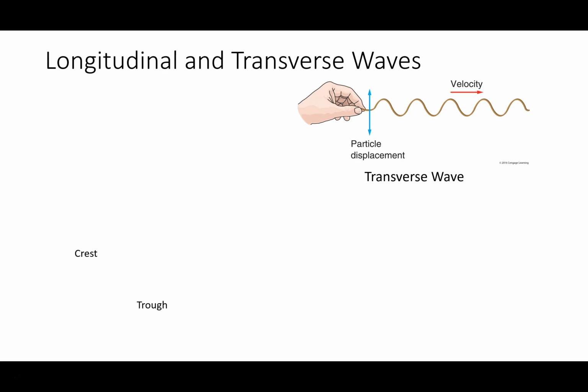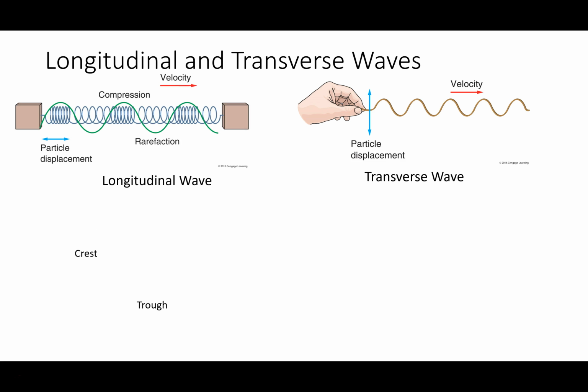So this is cute, must be a tiny little string. We have this string that this person is moving up and down, creating kind of the ripple in the pond or the ripple on the trampoline. That's transverse, and the particle displacement is at a right angle compared to the direction that the wave is moving. Again, slinky is longitudinal.